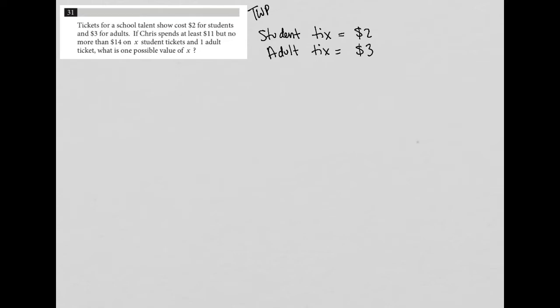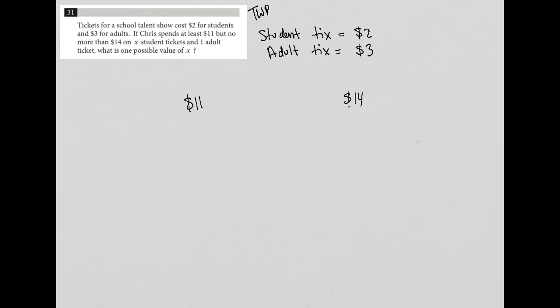If Chris spends at least $11, but no more than $14 on x student tickets and one adult ticket. So that's a very complex inequality. So we know we're living somewhere between $11 on the low end and $14 on the high end.